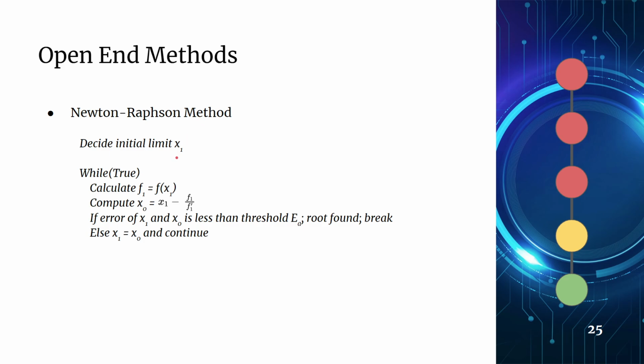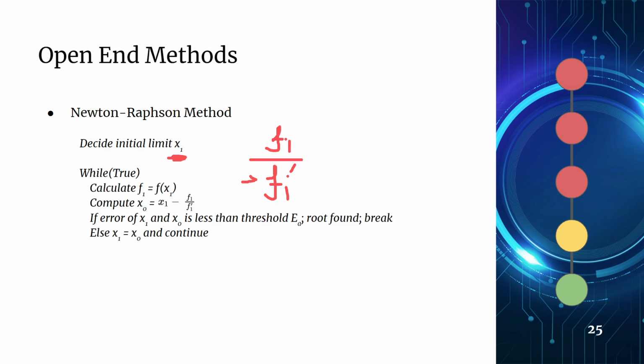In the Newton-Raphson method, we have only one initial guess, which is x1, and we will use this guess to find the answer. So what will we do? We will first calculate the value of f of x1. Then we need to find the new guess, x1 minus f of x1 over f prime of x1.